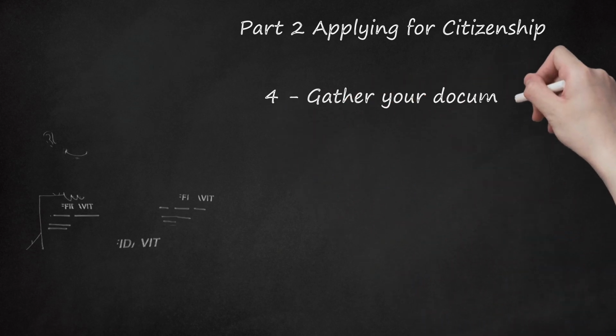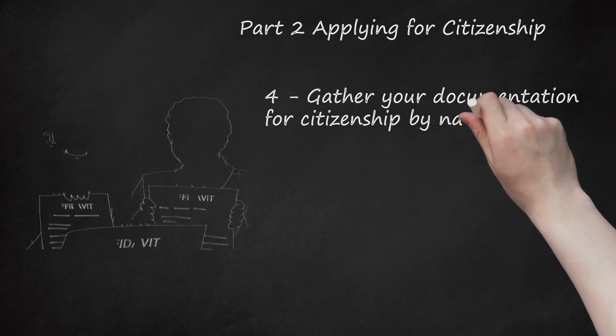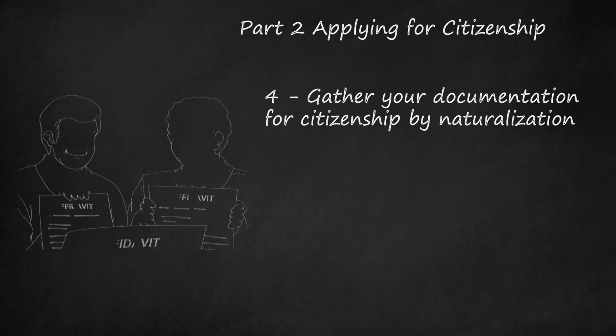4. Gather your documentation for citizenship by naturalization. If you are applying for citizenship by naturalization, you will still need to show a copy of a passport from another country, as well as your residential permit, LTV. However, you also need 3 affidavits, 1 from you and 2 from other Indians. These affidavits must establish your character, using the specific language provided by the application.